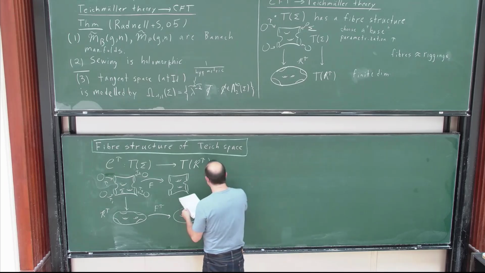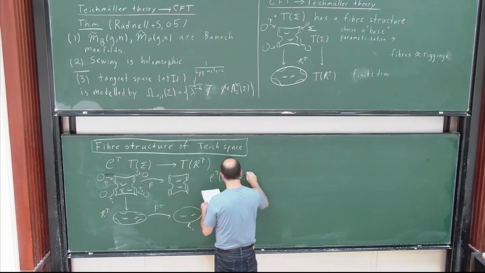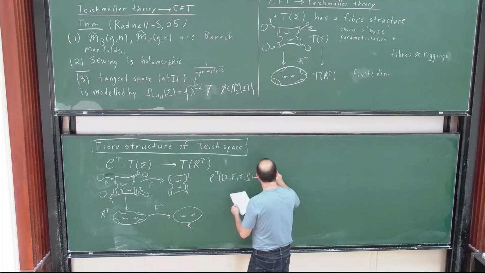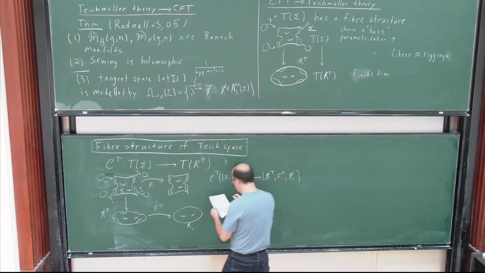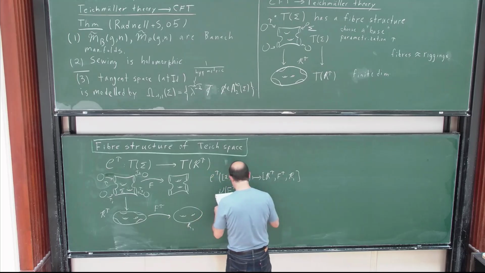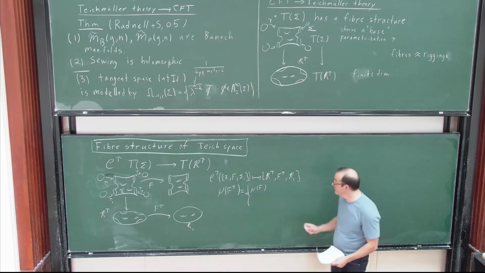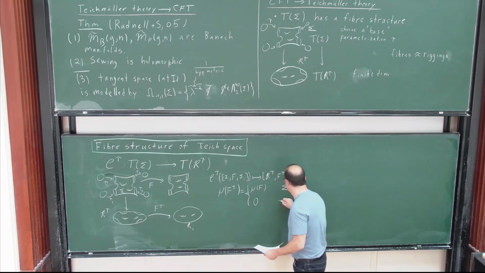And what we do is we take C tau of sigma, F sigma 1, maps to R tau, F tau, R1, where here mu of F tau is given by this extended Bers trick. So it should have the same Beltrami differential as F on the original surface sigma, and then on these caps, you set it to be 0.